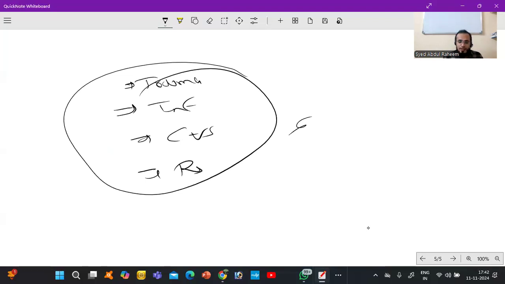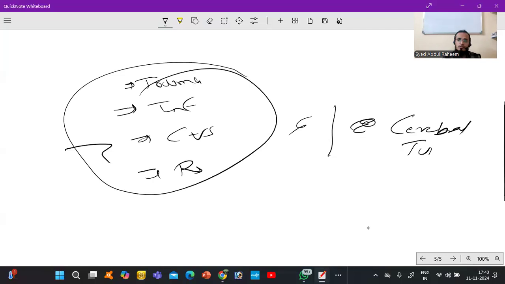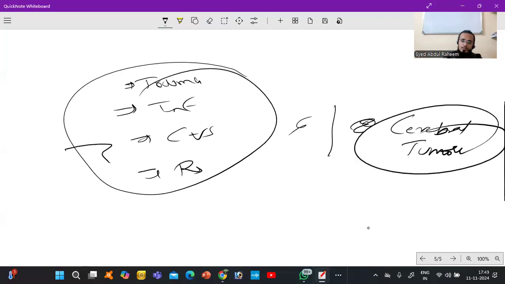And other than that, we have one common thing, that is tumors. Tumors are the most common reason behind epilepsy. Cerebral tumors are the most common reason behind epilepsy.